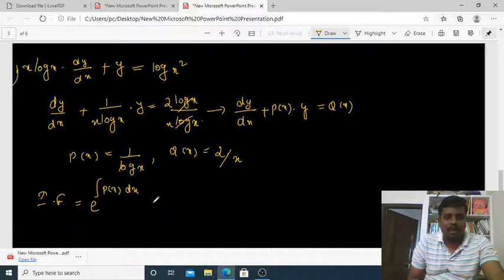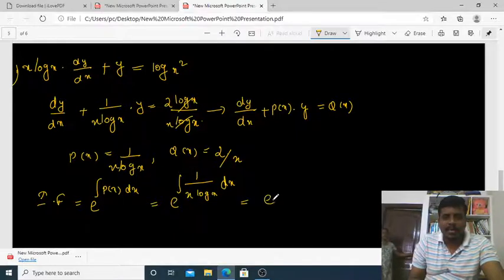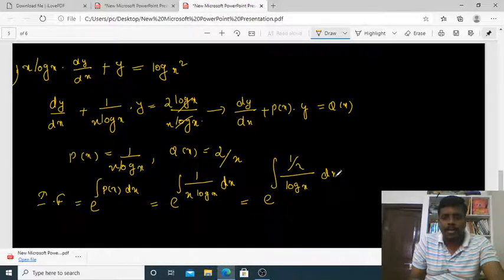Okay. Now e to the power integral of 1 by x log x dx. Here p of x is 1 by x log x. E to the power integral of 1 by x by log x into dx.